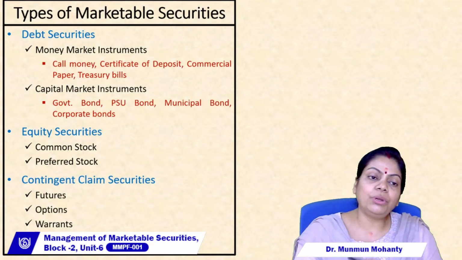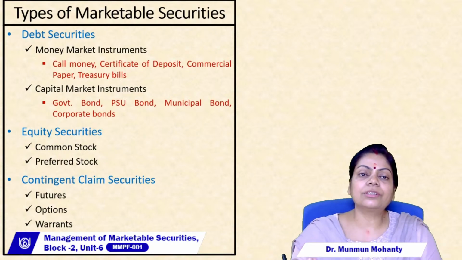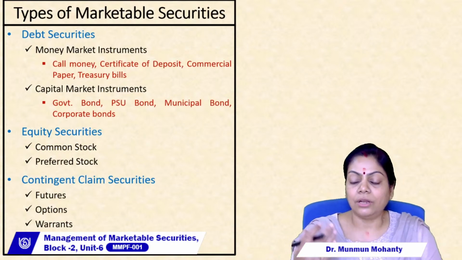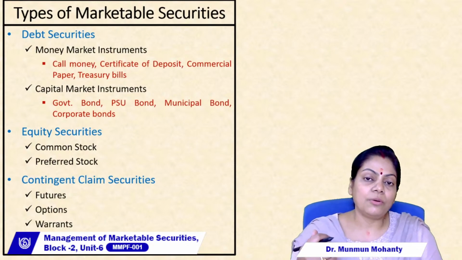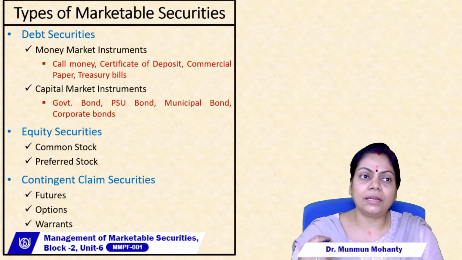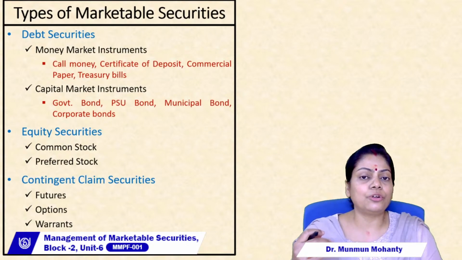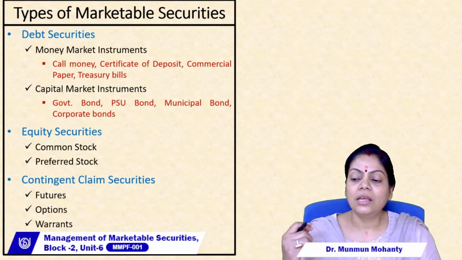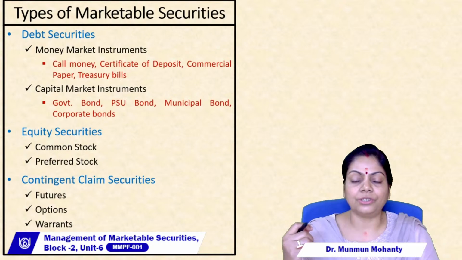Now, I'll just quickly brush through the various assets that are available in the money market. Number one is call money. You might be aware of a banking ratio called CRR, the cash reserve ratio.